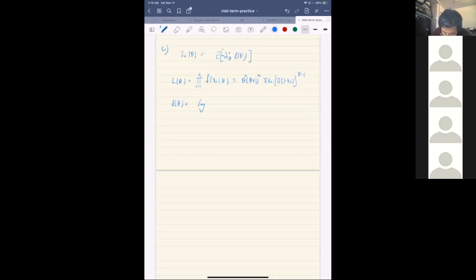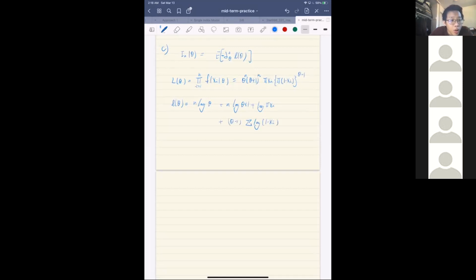So I take the log: n log theta plus n log theta plus 1, plus log product xi, plus theta minus 1 times the summation of log of 1 minus xi.